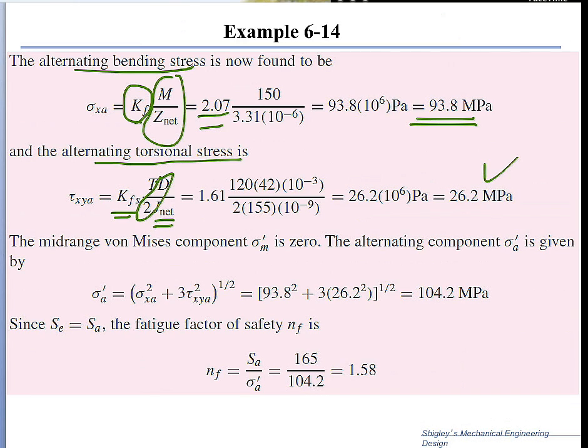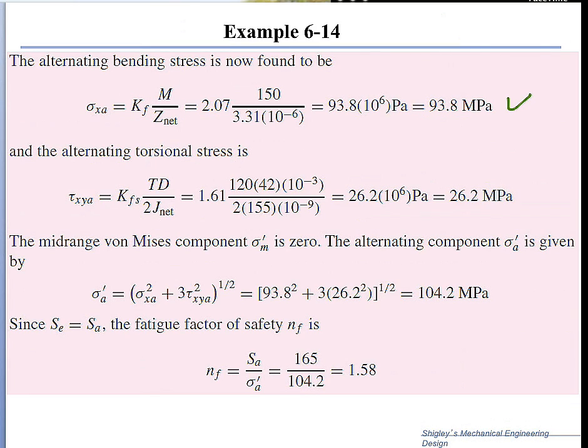And I now have all of the stresses that I need, the alternating and the shear. So this is axial and this is shear. Both of them are alternating. Then I can combine them in the von Mises sense, which is taking the square root of sigma axial squared plus 3 times the shear squared.